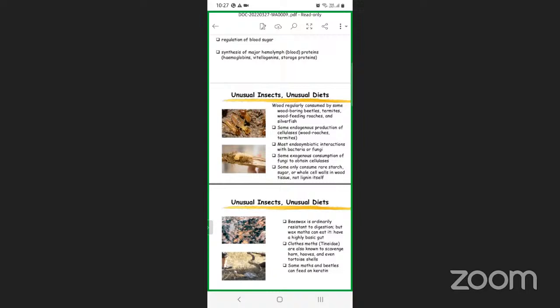And coming to the regulation of the alimentary system, we see the destination of ingested food.